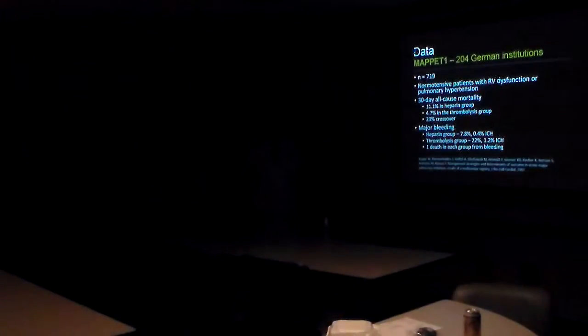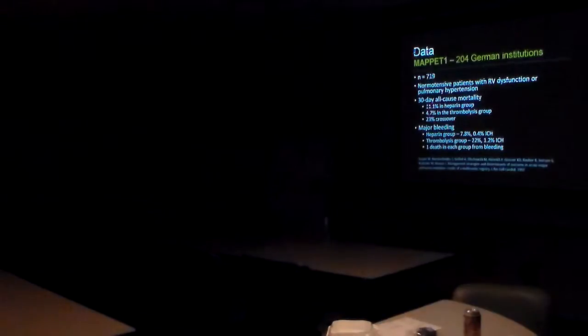They collected information about a lot of PE patients, but for this particular data, they focused on what I would call submassive PE, which is normotensive patients with RV dysfunction or pulmonary hypertension by echo. 30-day all-cause mortality was 11.1% in the heparin group and 4.7% in the thrombolysis group.